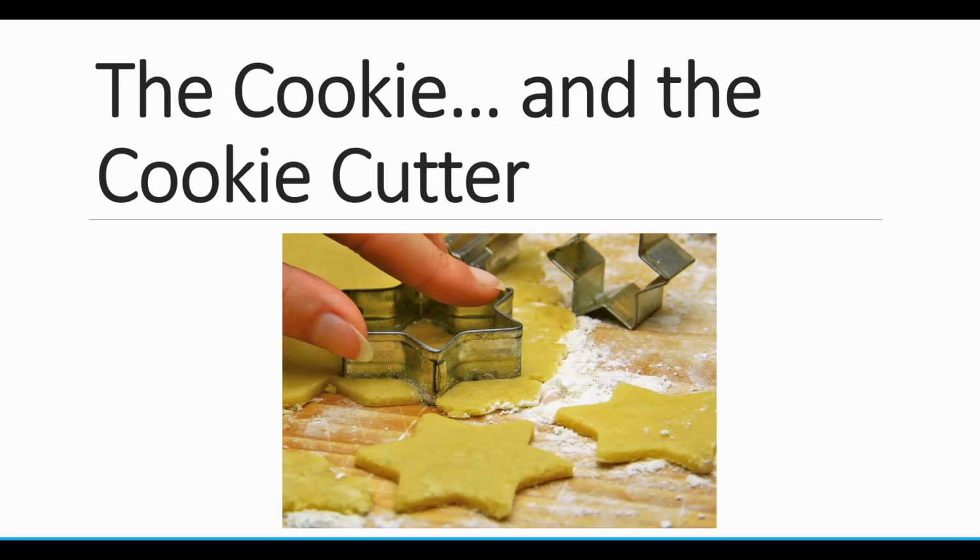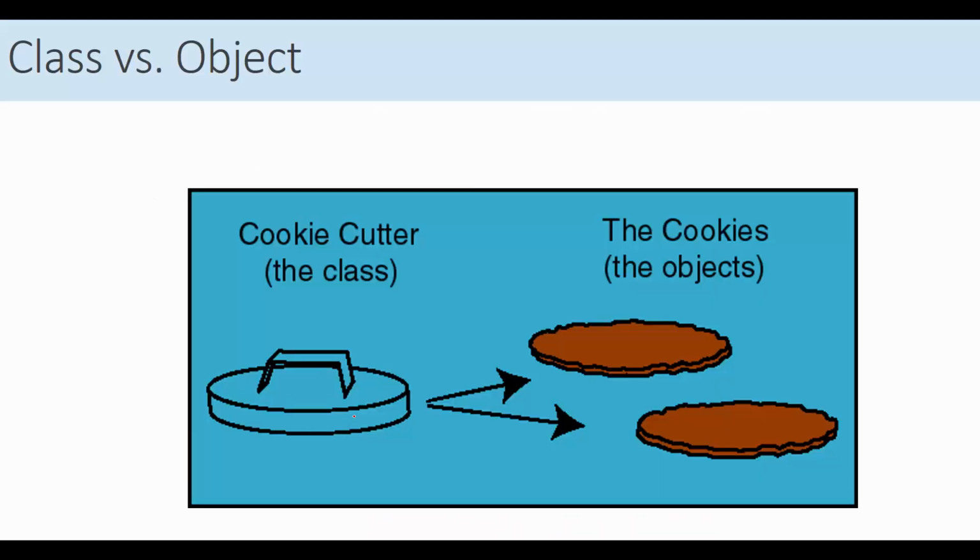The cookie cutter is the class, and the cookie itself is an object. From the same cookie cutter, you can create so many cookies. All have the same shape, but not necessarily same flavor or topping. So our cookie cutter is our class from which we instantiate multiple cookies.